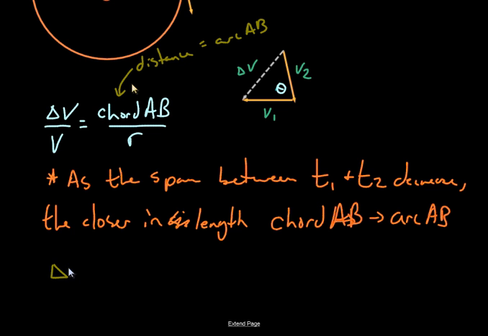So let's say then that delta V over V should be equal to velocity times change in time, which should be equal to chord AB, and therefore also equal to arc AB if time is small enough, divided by r.